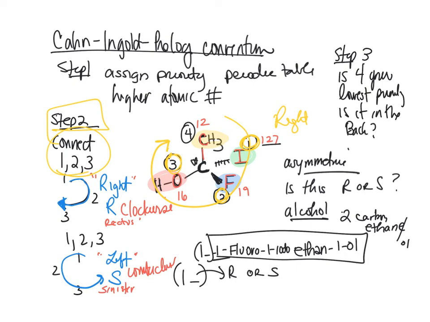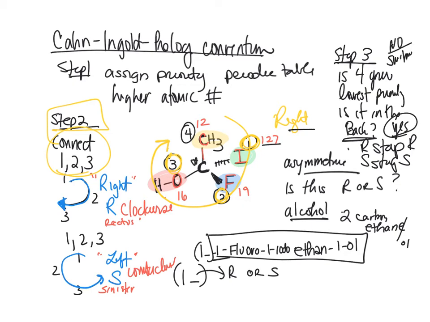If it's in the back of the molecule, then R stays R and S stays S, whatever you assigned them to. But if the answer is no, you've got to do a switcheroo.